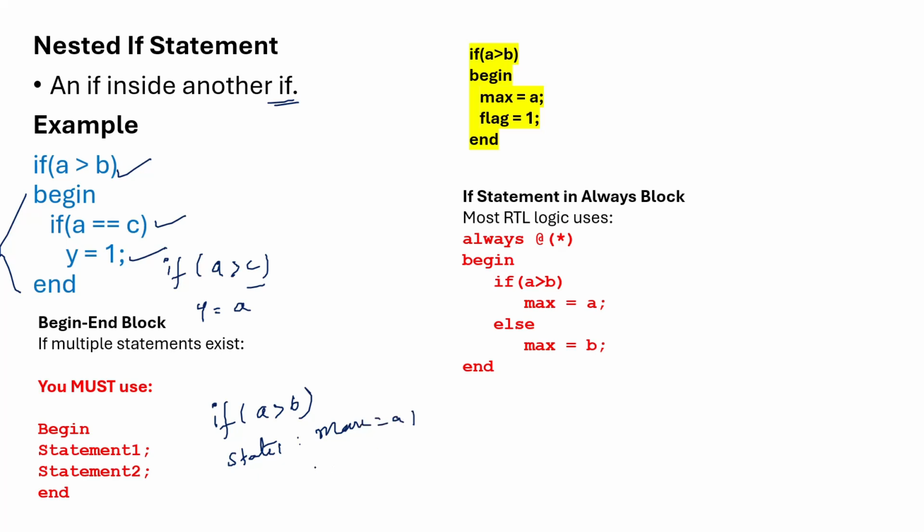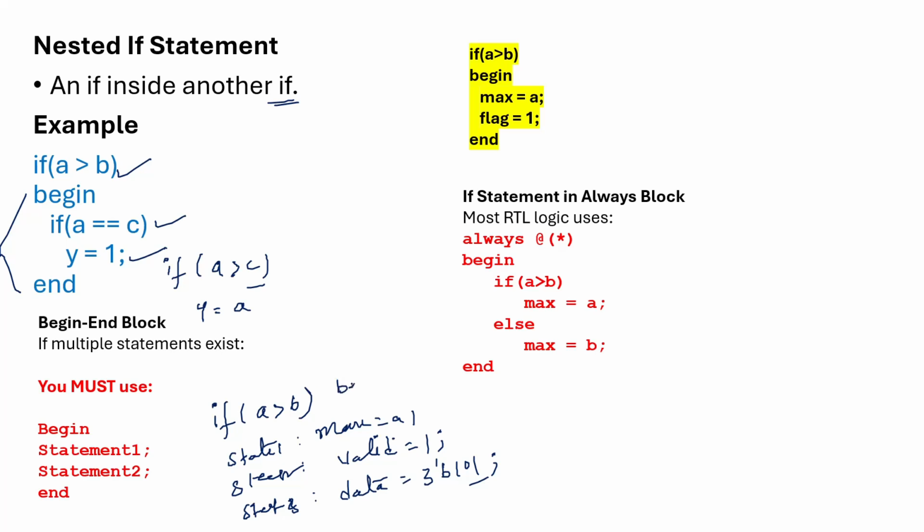In the same way statement 2: valid equal to 1, that means this condition is valid. Then statement 3: data should be equal to 3'b101, binary 101. In that way I want to execute multiple statements.